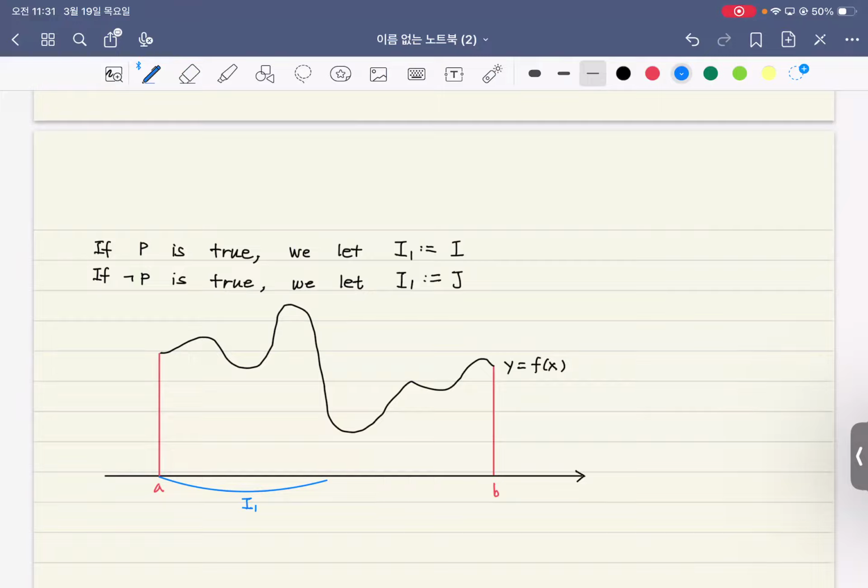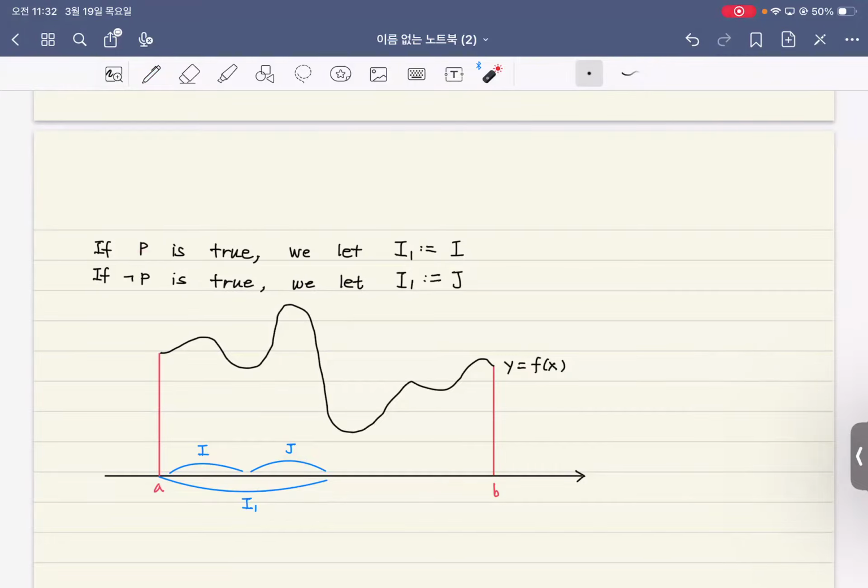Again, I'm going to divide this interval into two equal intervals, and this one will be called I, and this one will be called J. So we again have a pair of intervals I and J. For these, which one do you think is true?